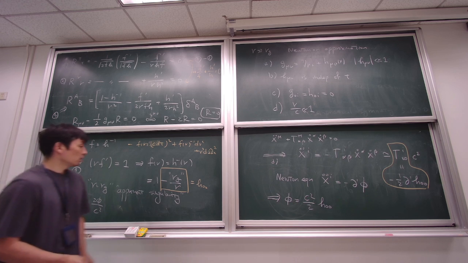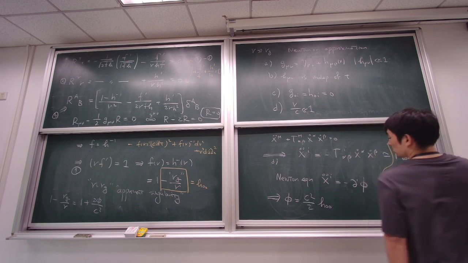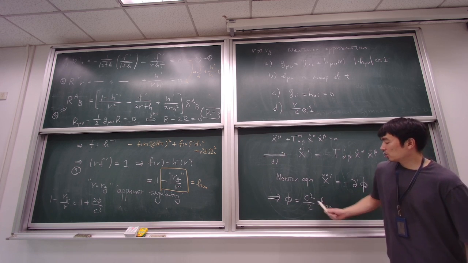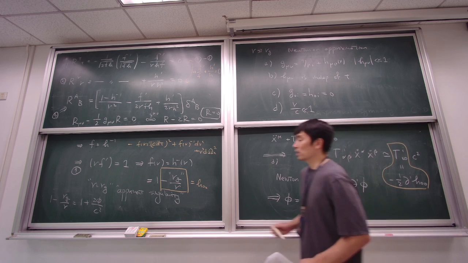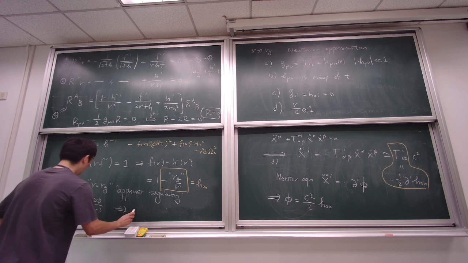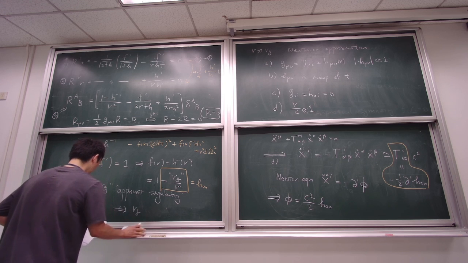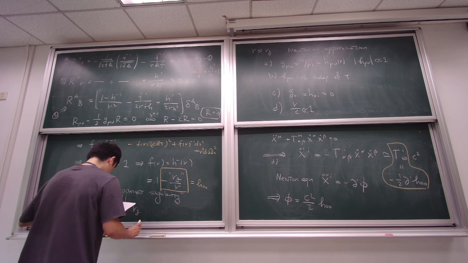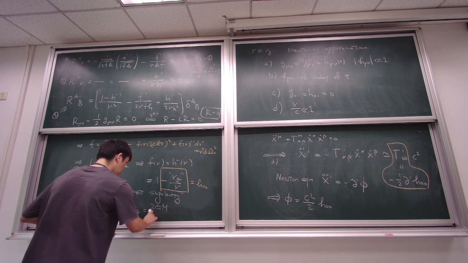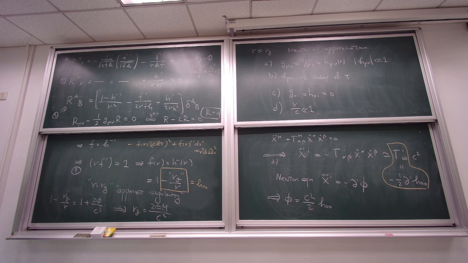So h00 should be 2 phi over c squared. If you compare between these two, Rg should be 2GM over c squared. Do you agree with that?